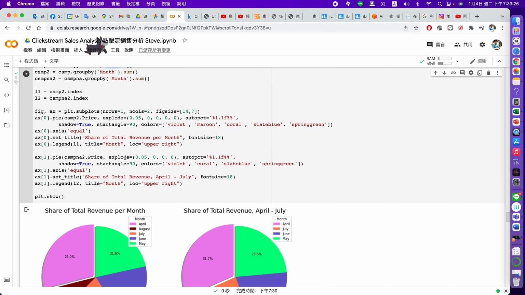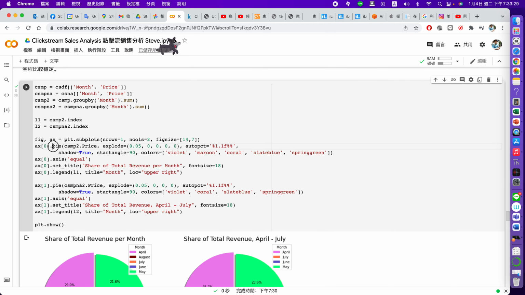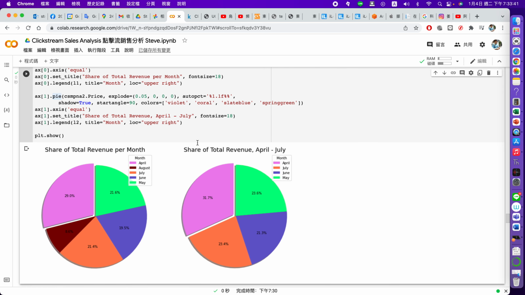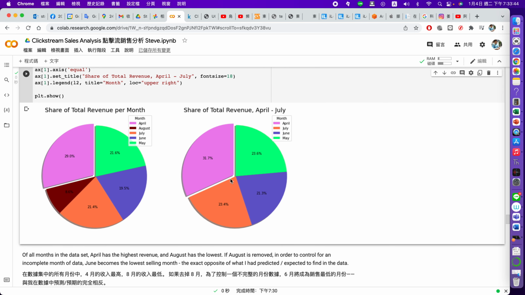Here we use the pie chart instead of a bar histogram. It's the basic diagram for Python. From here you may see the portion for April. April is more than 30%, the biggest part of the sales.